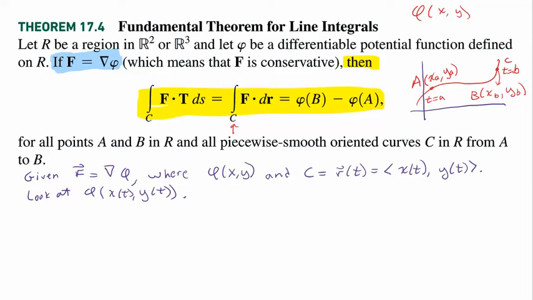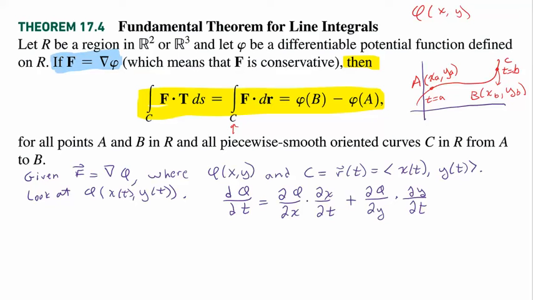So if we take the derivative, not the partial, but the straight up derivative of phi with respect to t, that's going to equal the partial of phi with respect to x times the partial of x with respect to t plus the partial of phi with respect to y times the partial of y with respect to t.